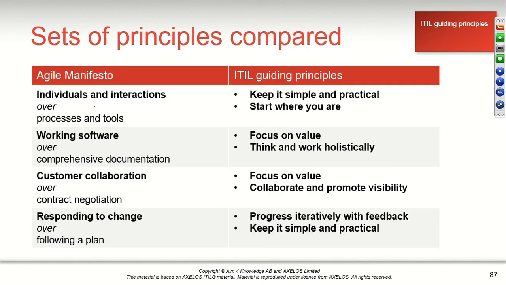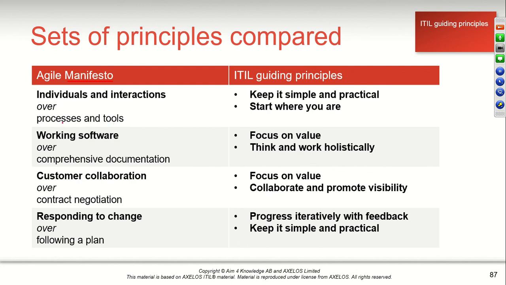All right. What are the sets of principles that are being compared? In Agile, there's what they call the Agile Manifesto. This Agile Manifesto is what you can compare with the ITIL guiding principles. The Agile Manifesto states that individuals and interactions within any project that you are doing, the individuals who are members of the project team, their interactions among themselves, and interactions with people outside of the team to get their feedback, are preferred over processes and tools.